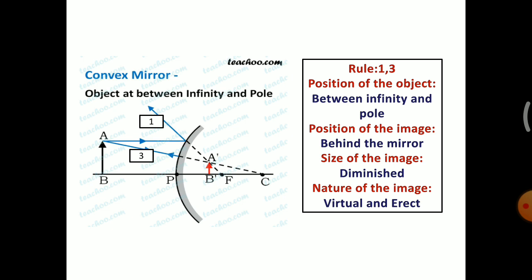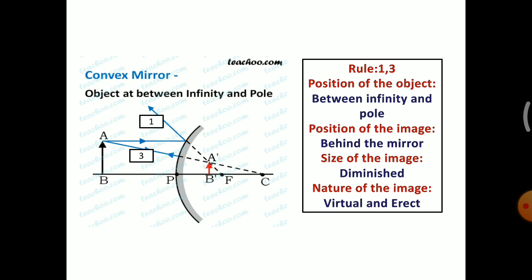The next position for a convex mirror is the object placed between infinity and pole. So here I used rule number 1. A ray parallel to the principal axis, after reflection, will pass through the focus.